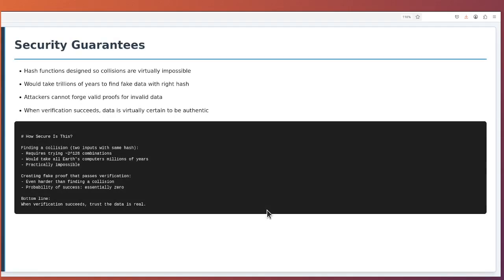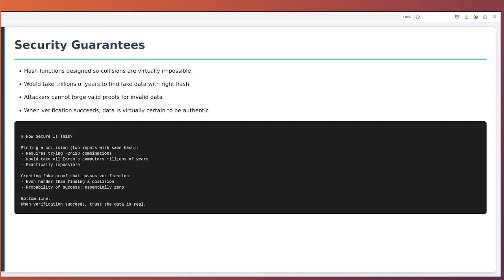Security guarantees. Let's talk about the security guarantees that Merkle tree verification provides. Hash functions are designed so that finding two different inputs that produce the same output is virtually impossible. This is called collision resistance. For SHA-256, which Bitcoin uses, you would need to try trillions upon trillions of combinations to find a collision.